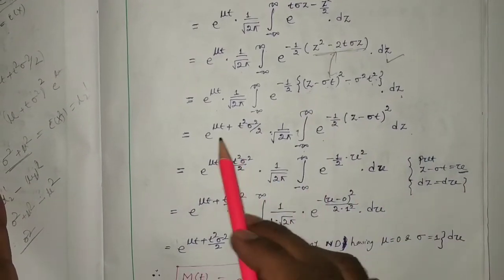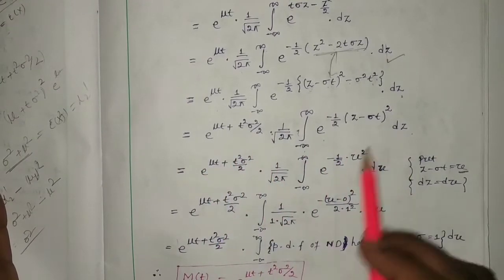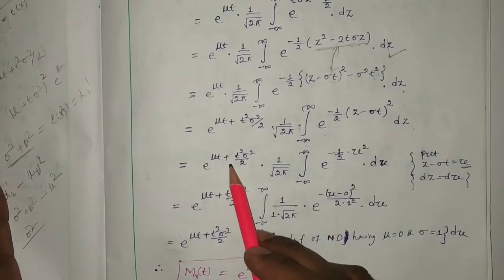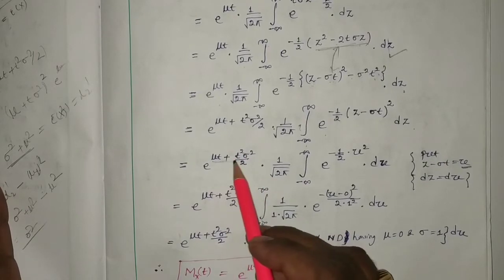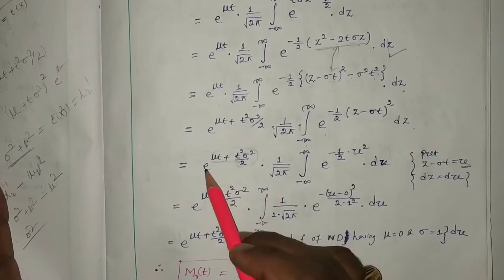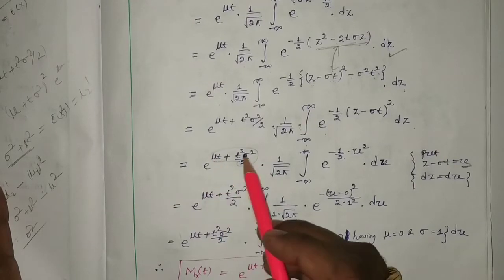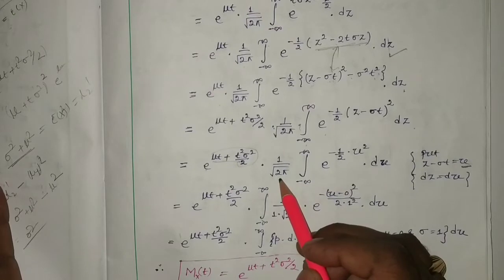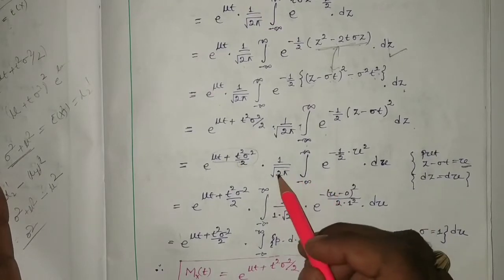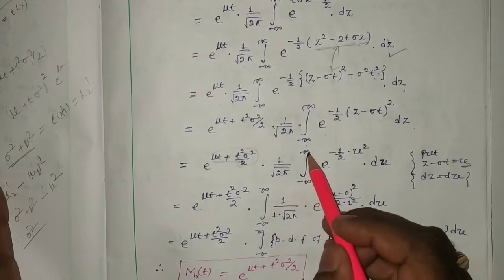So this expression will be e to the power mu t plus t square sigma square by 2, this whole is in the exponent, into 1 by root over 2 pi, integral from minus infinity to plus infinity.